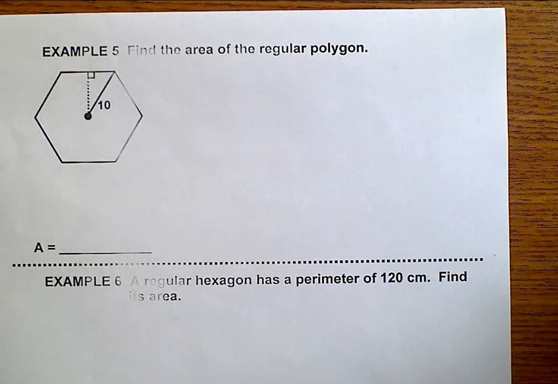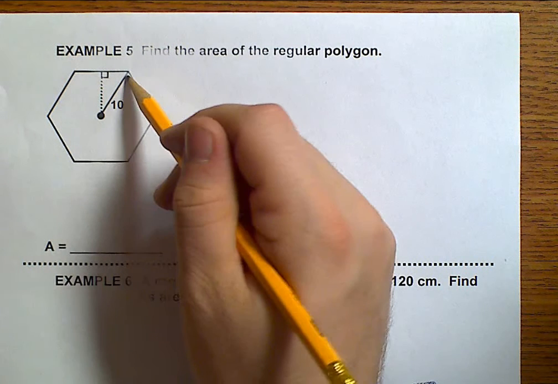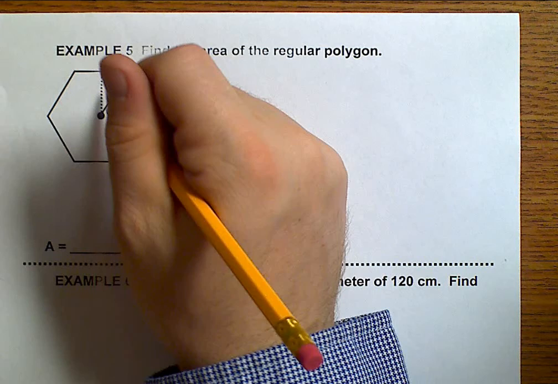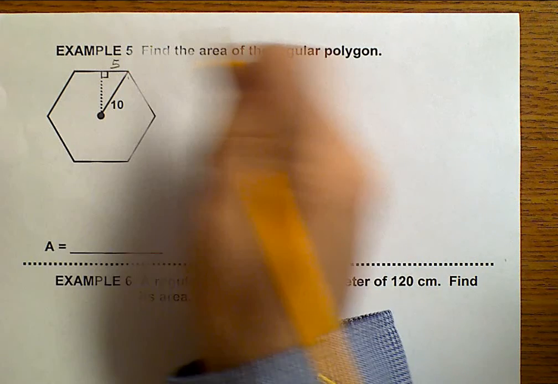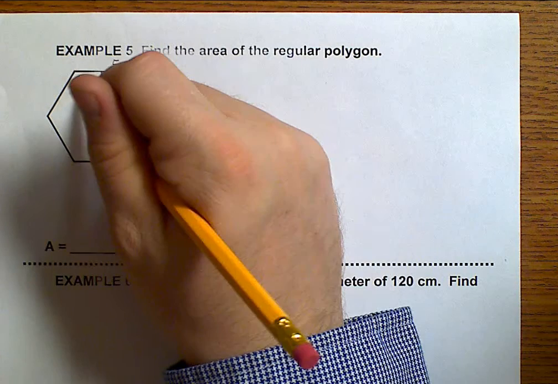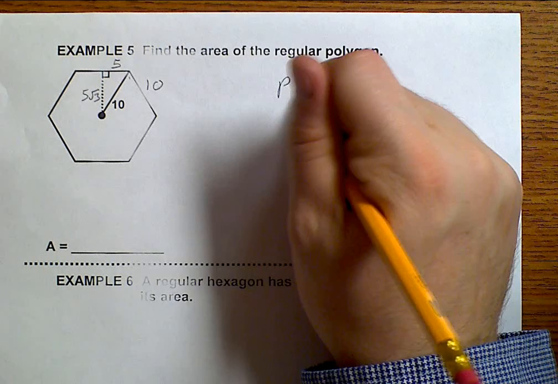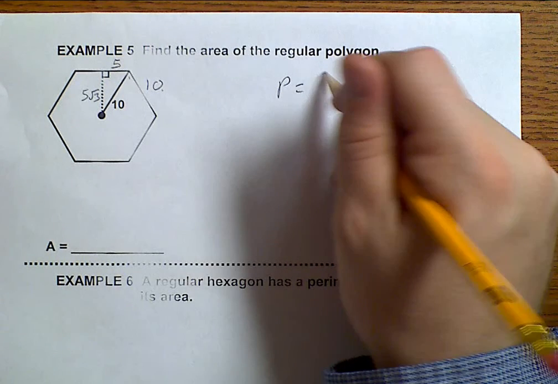We have a third page to this set of notes. So let's go ahead and have a look at example number 5. They flipped the picture around, but they still gave us a radius, which means that this side would be 5, the whole side would be 10, and this would be 5 on the square root of 3. Nothing changed. So our perimeter, we have 10, we have 6 of those, would be 60.